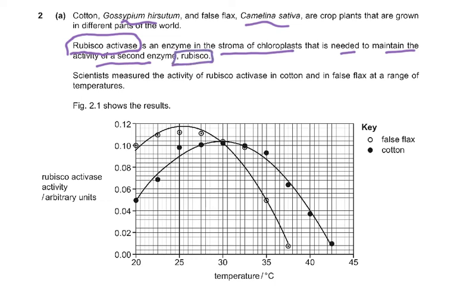So immediately you should be thinking of the Calvin cycle and Rubisco, which I'm just going to revise with you. Scientists measure the activity of Rubisco activase in cotton and in false flax at a range of temperatures. So we took different temperatures, and we measured the activity of Rubisco activase.